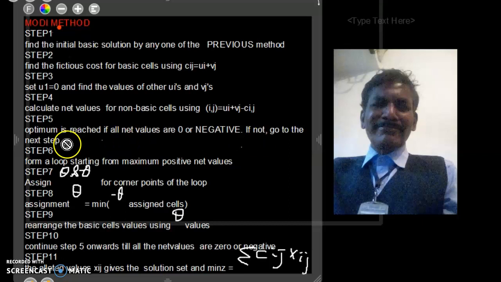Okay, optimum is reached if all the net values are 0 or negative. If not, then we have to go to the next step.